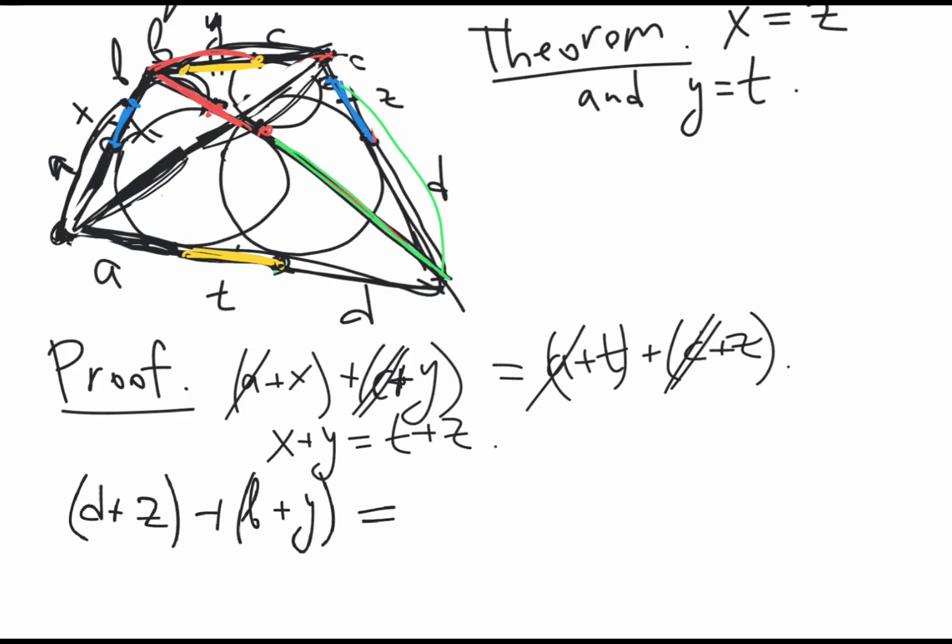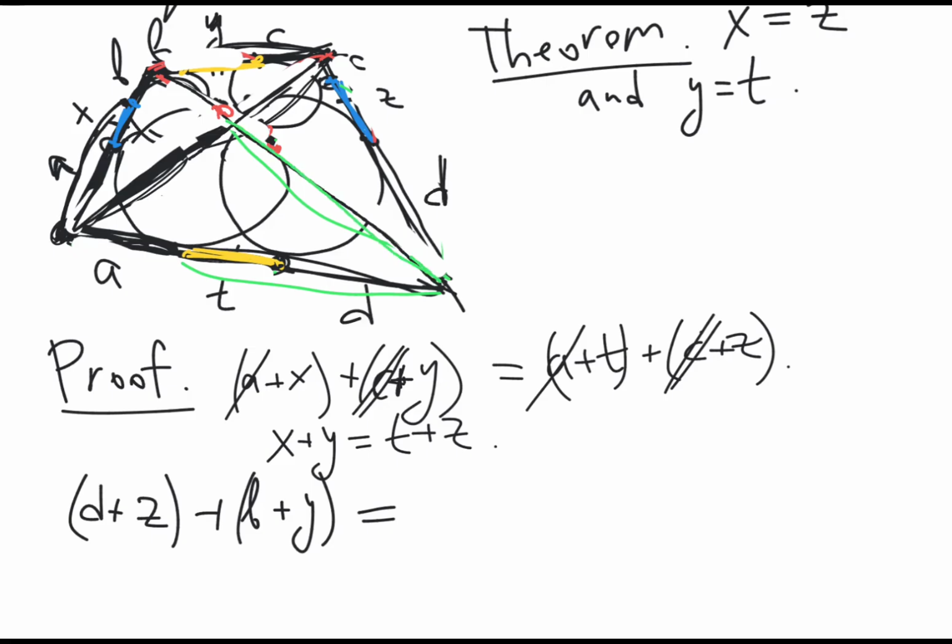When we divide the diagonal this way, this segment is equal to this segment. So we have two tangency points, this segment is equal to this segment, and this segment is equal to this segment.